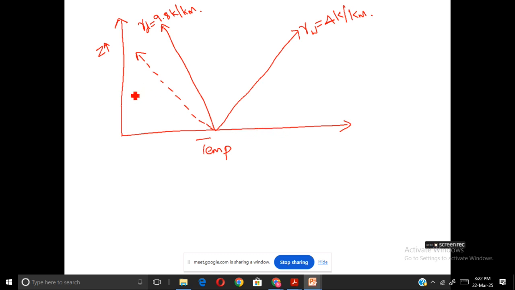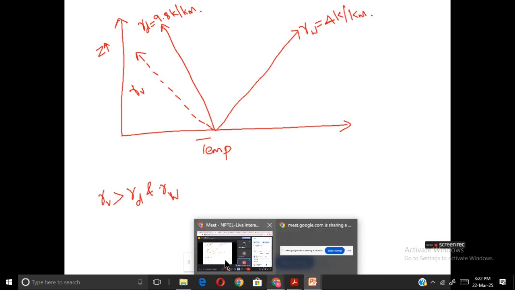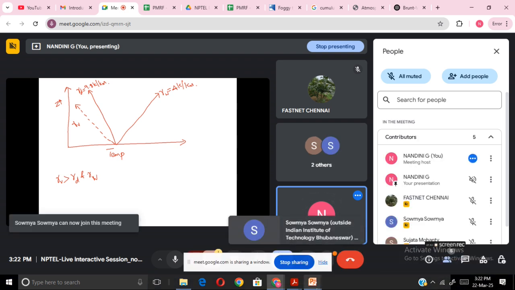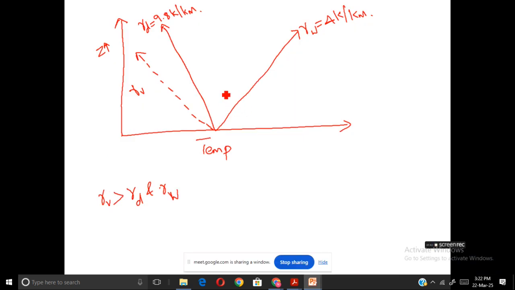Suppose now we are considering a condition where gamma V is greater than both gamma D and gamma W. That is, the environmental lapse rate is greater than the dry adiabatic lapse rate and the saturated adiabatic lapse rate. The lapse rate increases in this direction.